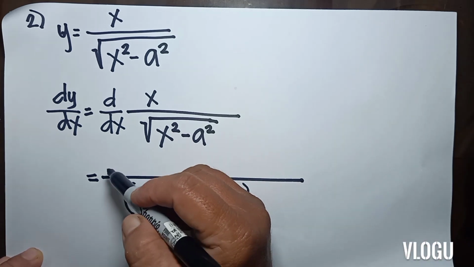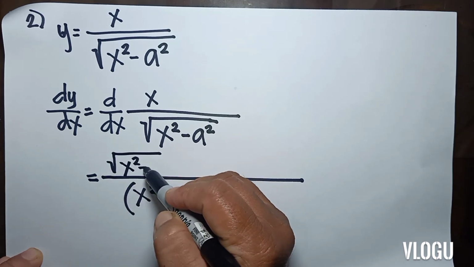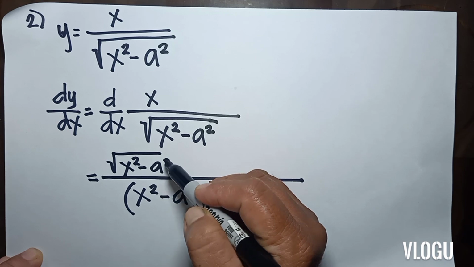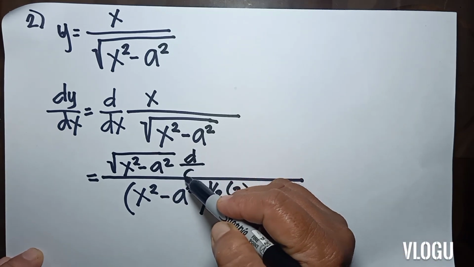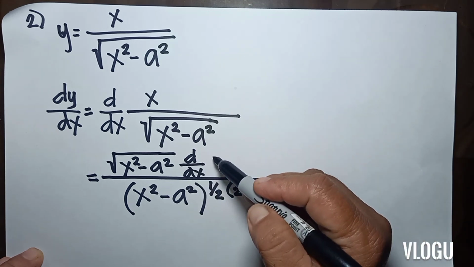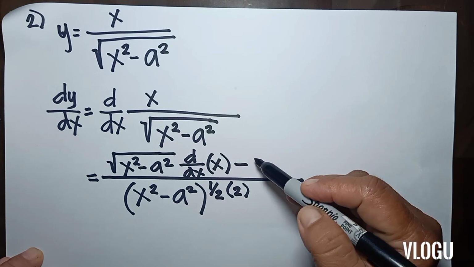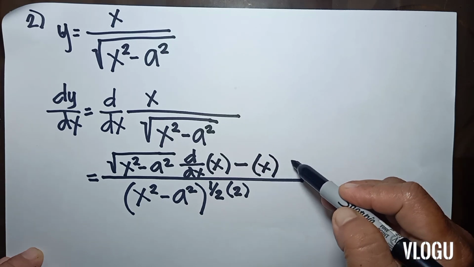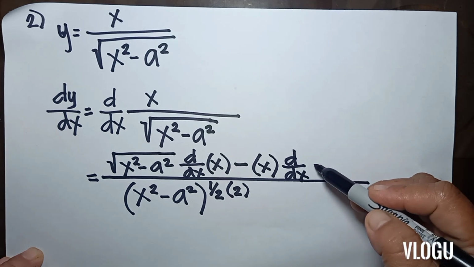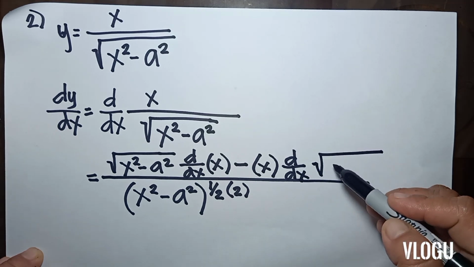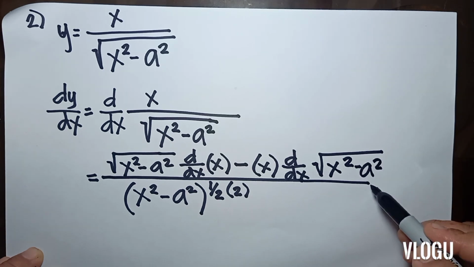Then we have the denominator, x squared minus a squared, times d dx of x, minus x d dx of the square root of x squared minus a squared.